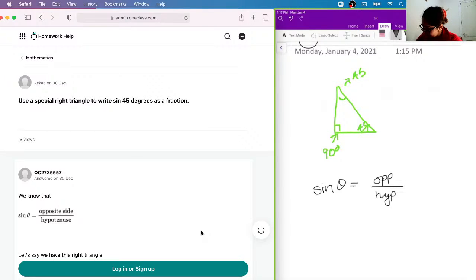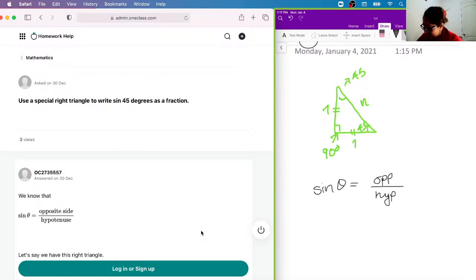Okay, and since we're dealing with 45 degrees, in the case of the special angle triangles, you guys know that this is equal to 1, this is equal to 1, right? And this is your hypotenuse.